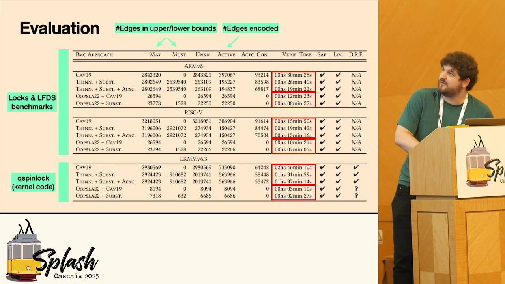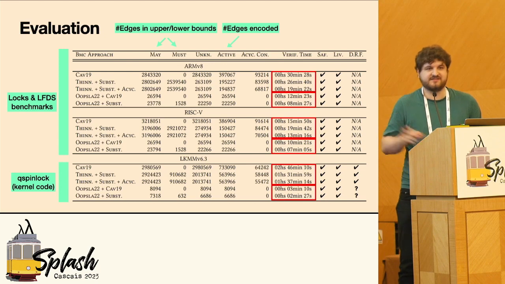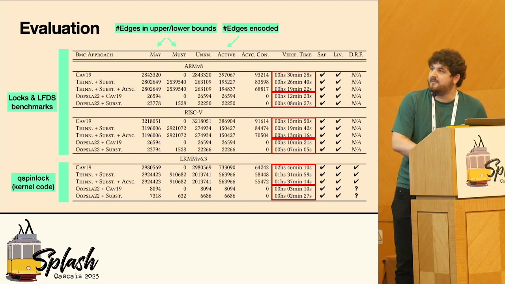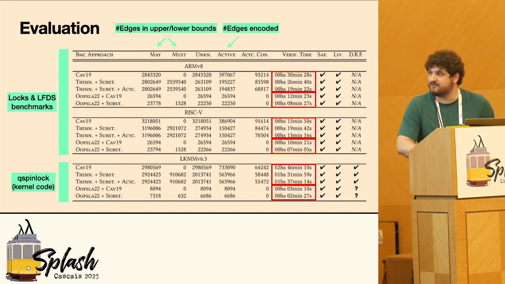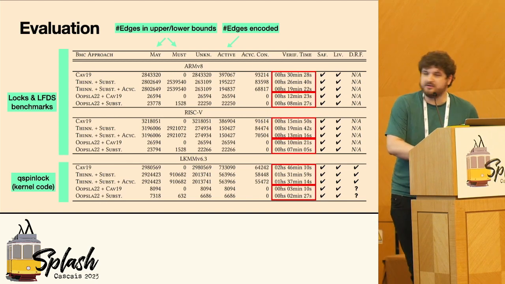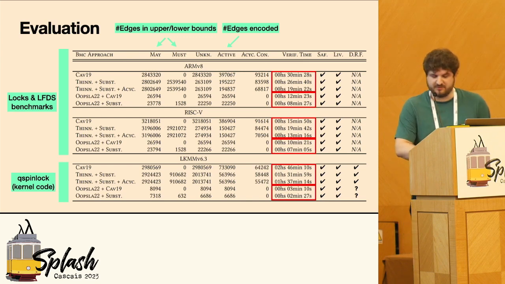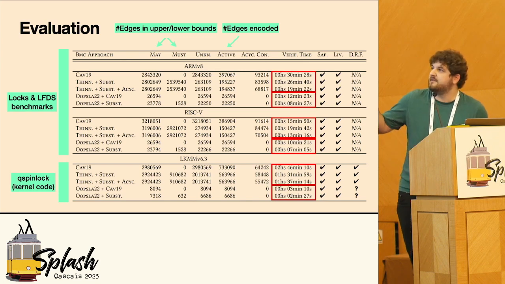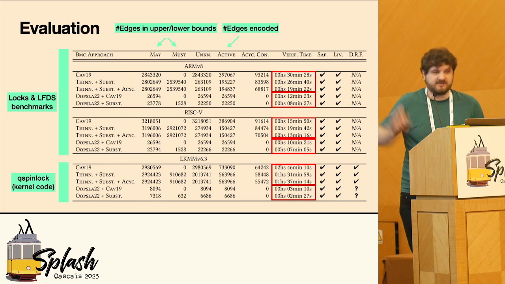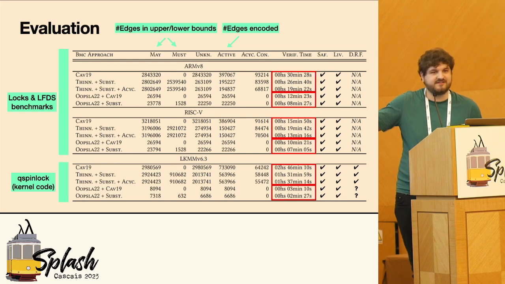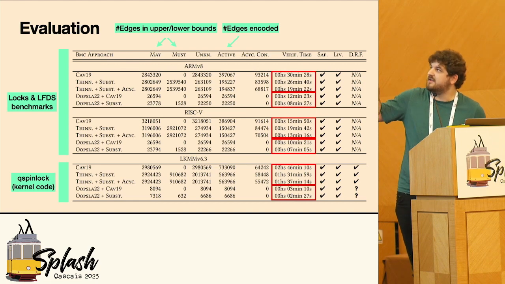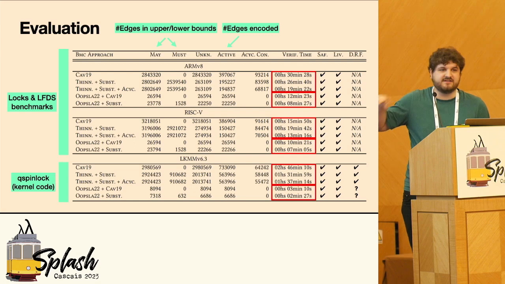Now, to give you the gist of the evaluation, we have evaluated this on verifying locks and lock-free data structures under the ARM and RISC-V memory models, as well as kernel code of the Linux kernel memory model. If you look at the red boxes, the top box is always the old verification time without our new analysis, and the lowest row is the improvement.